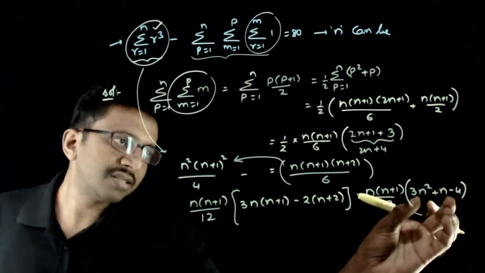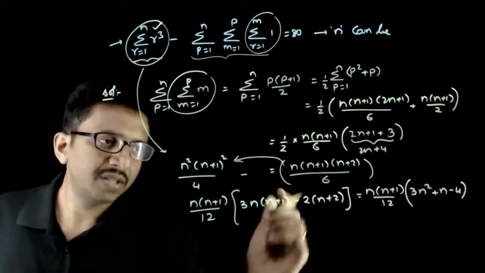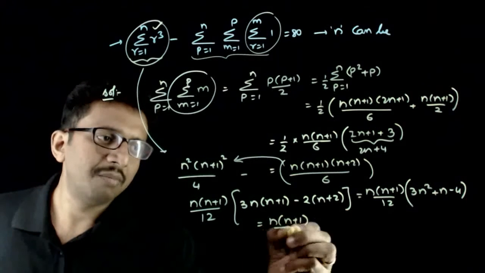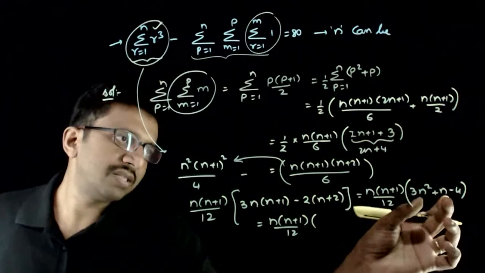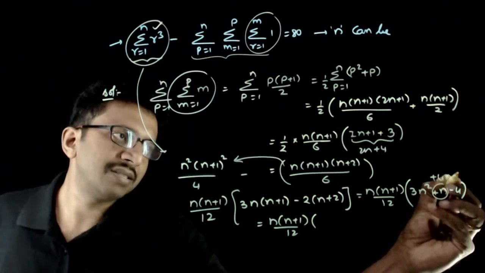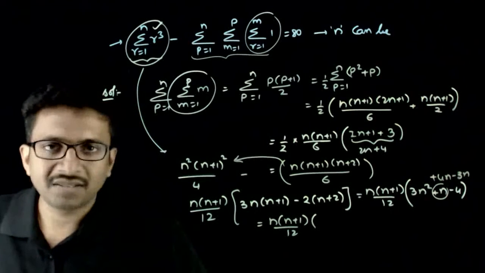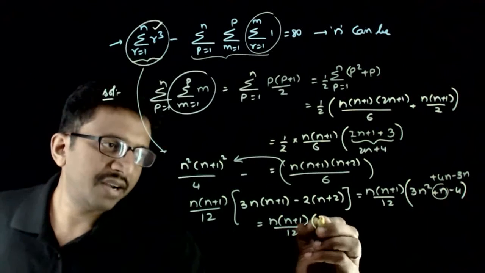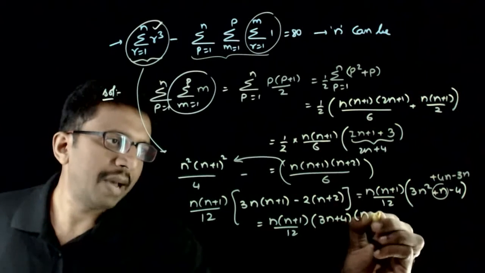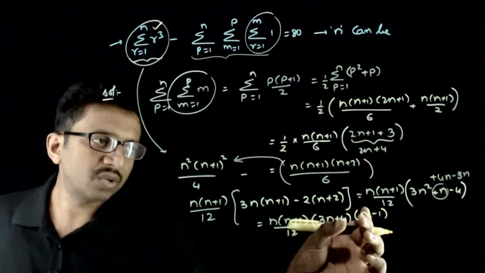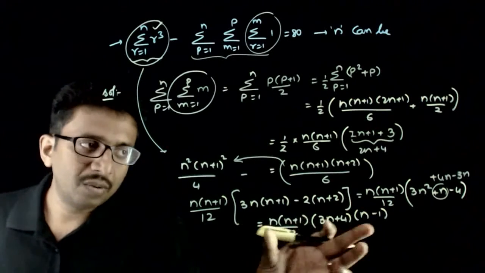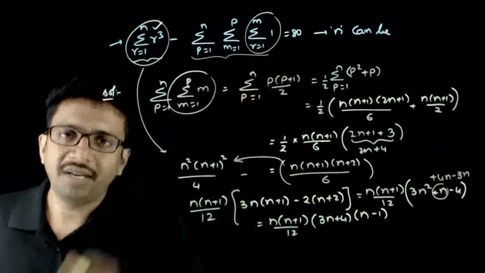Is there some way in which you can factorize this also? As you can see, this is n into n plus 1 by 12 times 3n squared plus n minus 4, which you can factorize as plus 4n minus 3n. So this can be written as 3n plus 4 times n minus 1. So this has to be equal to 80.